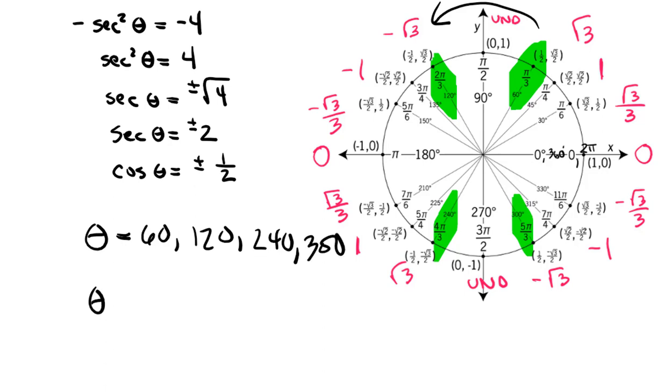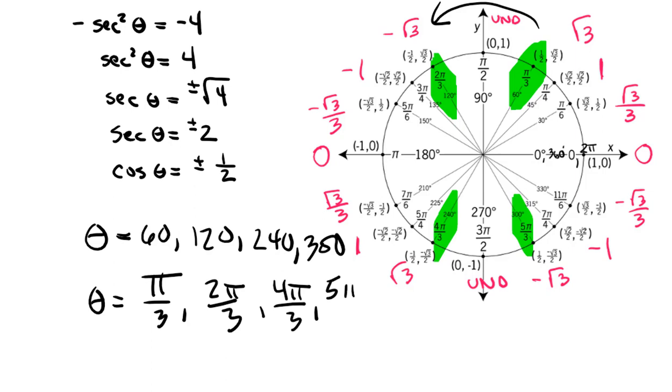And underneath that, just so that they are synced up, you would write the corresponding radian values: pi over 3, 2 pi over 3, 4 pi over 3, and lastly, 300 degrees is 5 pi over 3. So those would be our solutions to the equation negative secant squared theta plus 4 equals 0. Those are all of the angles that would make that true.